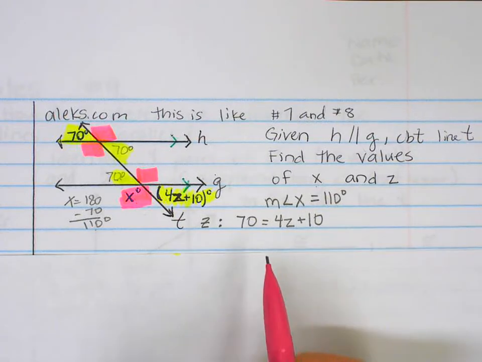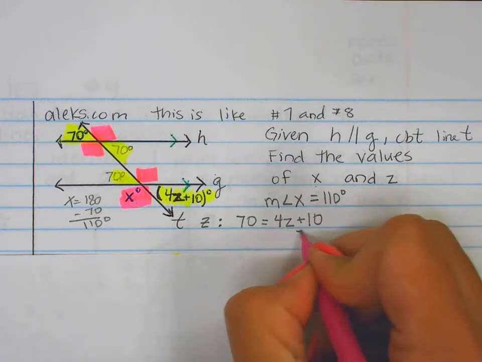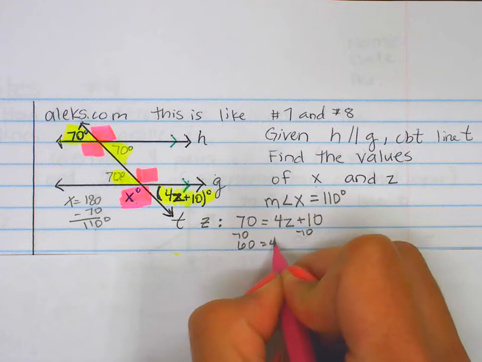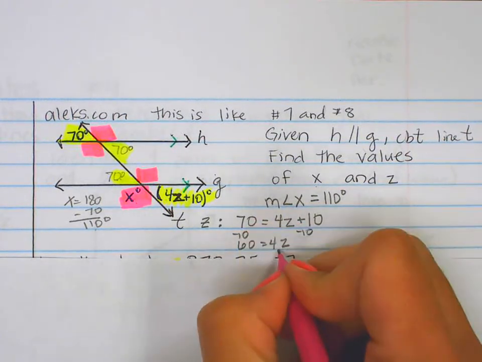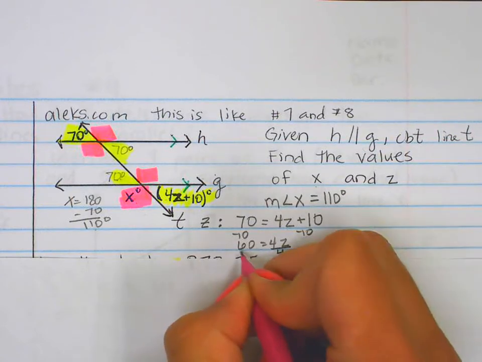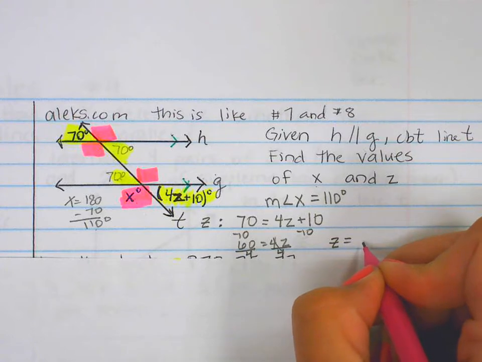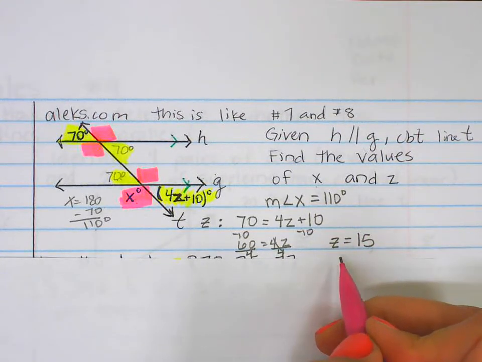Okay, so set it up like this. 70 equals 4Z plus 10, and then I just have to isolate the variable. So subtract 10 to both sides, and that gives me 60 equals 4Z. I'm kind of running out of space, but you would divide both sides by the 4. 60 divided by 4 is 15. And that's not degrees. Z actually just equals 15.